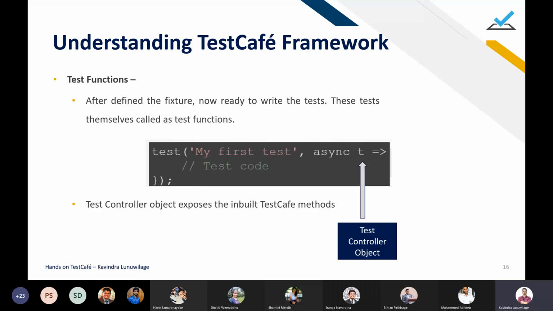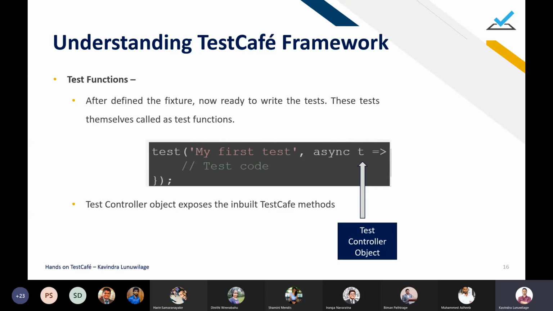And then about the TestCafe framework, the test functions. Once you declare the fixtures, and if there are any test hooks you need to define, like before, afterEach, and so on, then it comes to the test function. Here you can declare the test functions using the keyword test, and within it you give the test case name or test function name, and then you declare the test controller object.